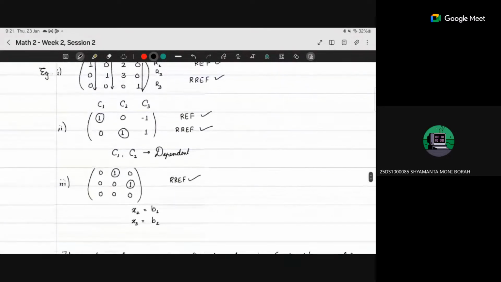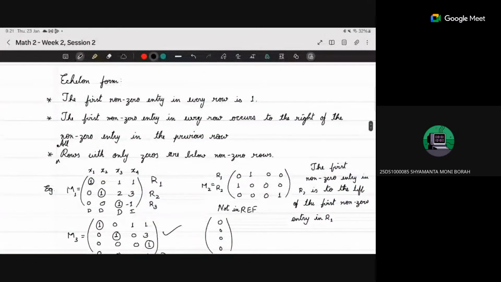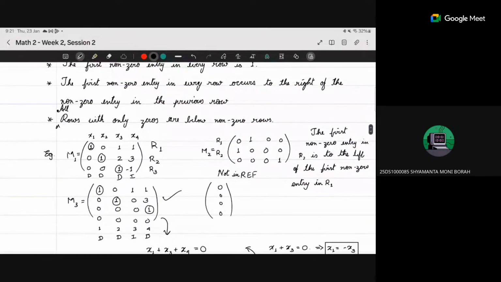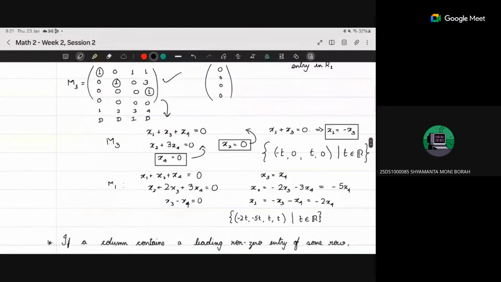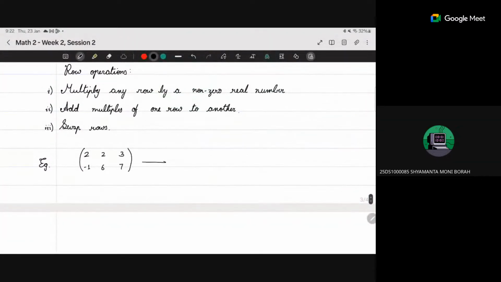Let me call these rule 1, rule 2, rule 3. Rule 1 is that every leading non-zero entry has to be 1. Rule 2 is that every first non-zero entry has to be to the right, and rule 3 is that all zeros should be below all non-zeros.